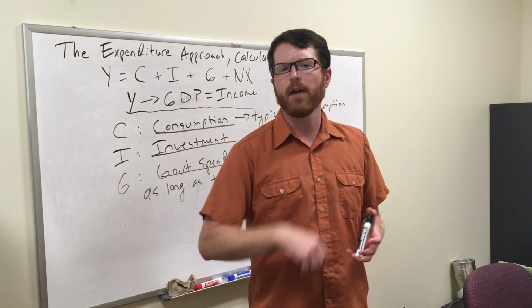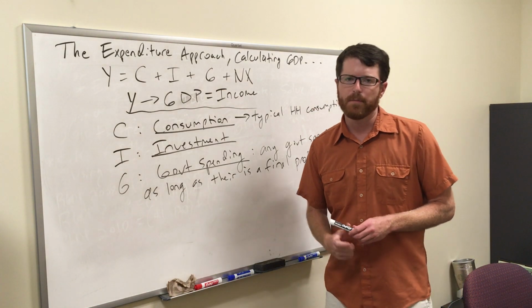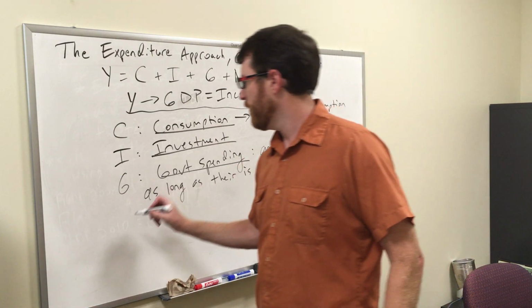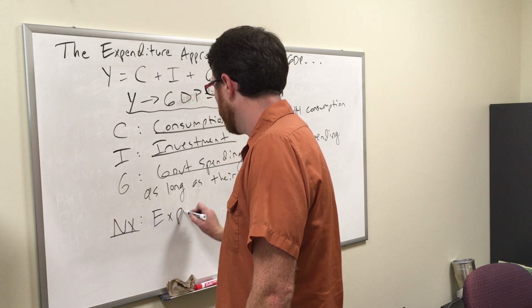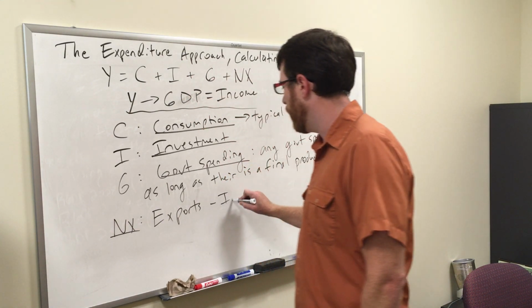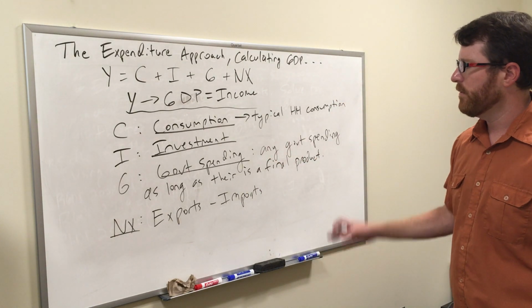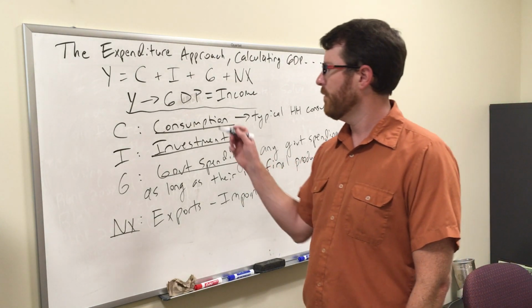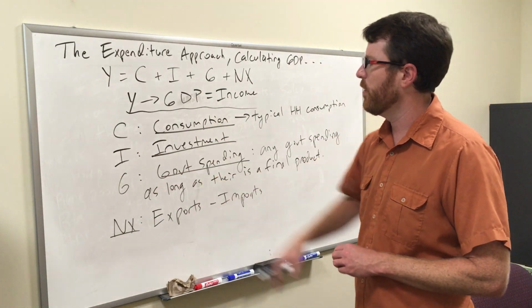So that belt line going around Atlanta counts in GDP and goes into government spending. And then the last component here is net exports. This is exports minus imports. I'm just going to write that down now, and when we get through with investment here, we'll come back to it.